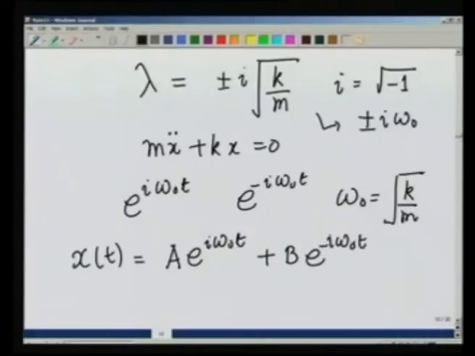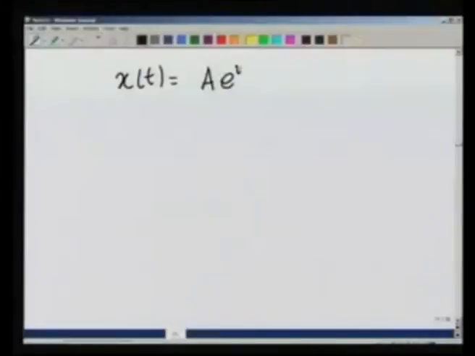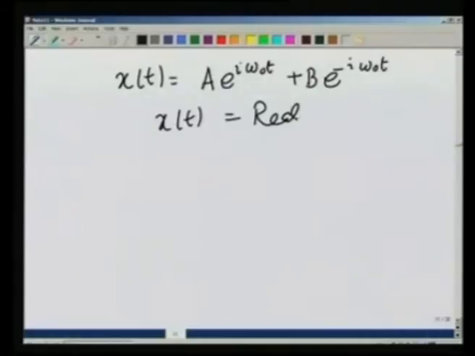Since I know that the displacement x(t) is real, b must be equal to a star.